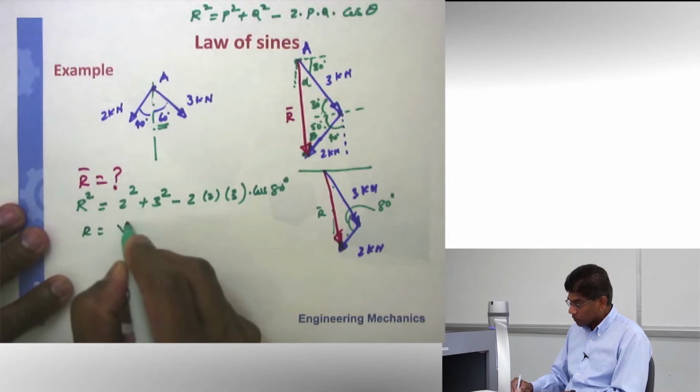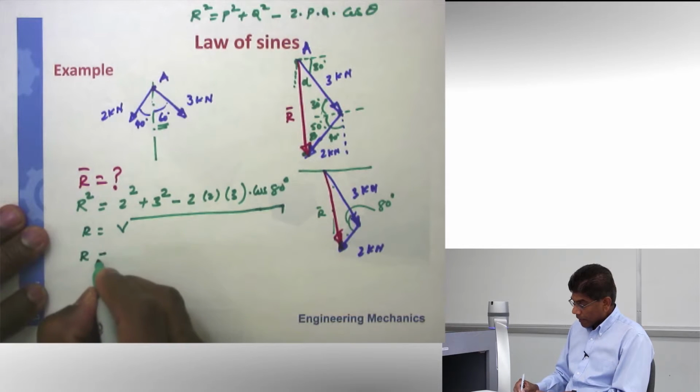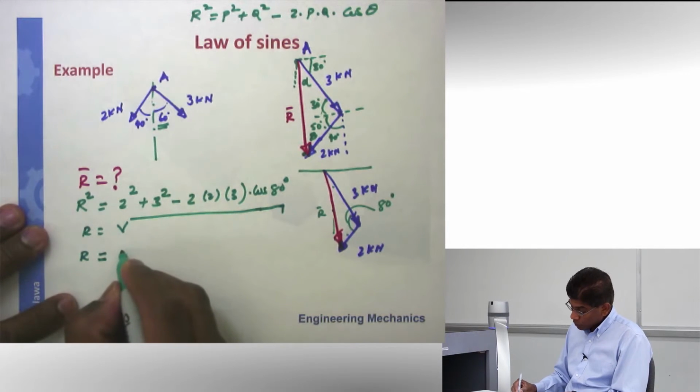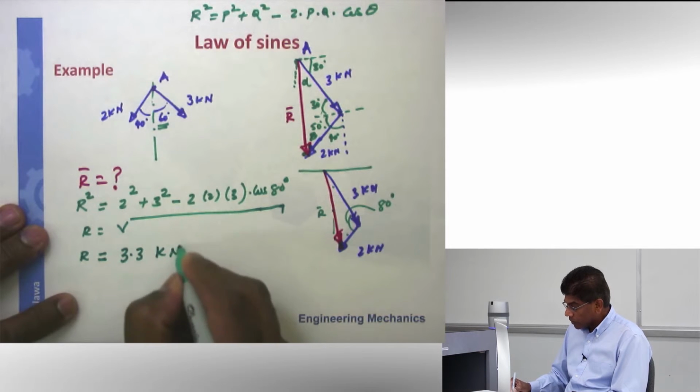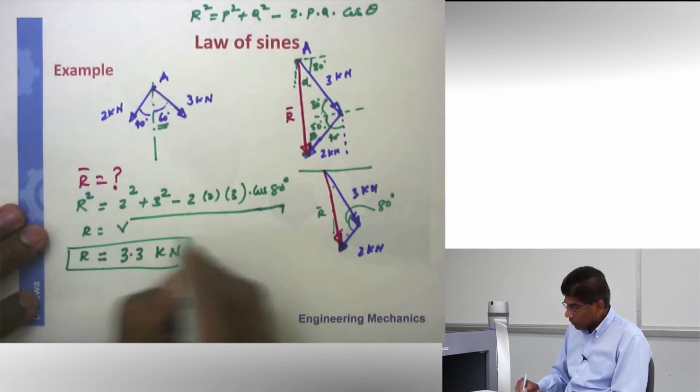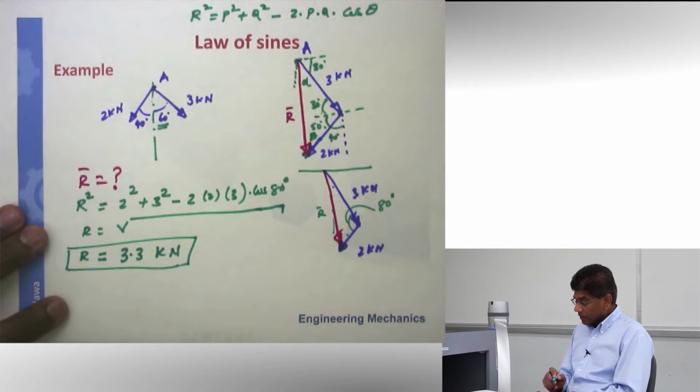Remember, R would be the square root of all of this. And if I did that, my vector R happens to be 3.3. And make sure you give the units at the final answer, kilonewton. All right. You can verify this by yourself by solving using this formula. So we got the resultant vector's magnitude.